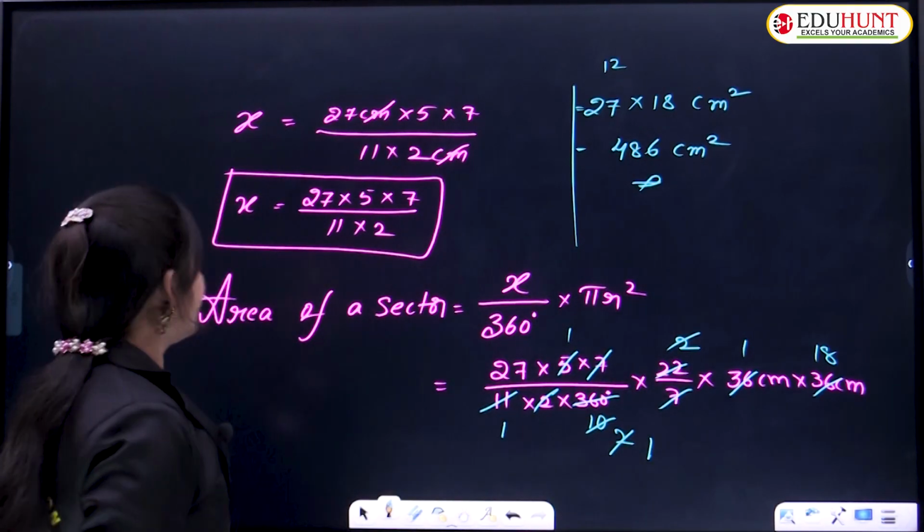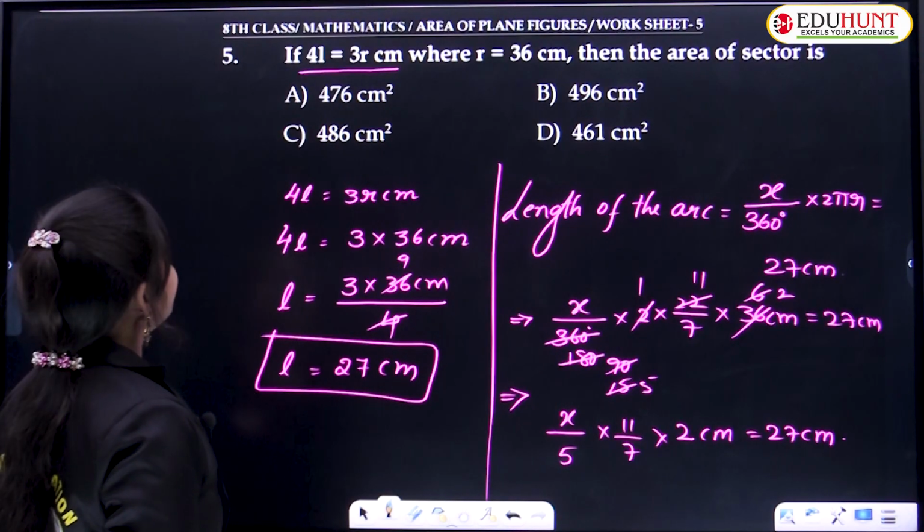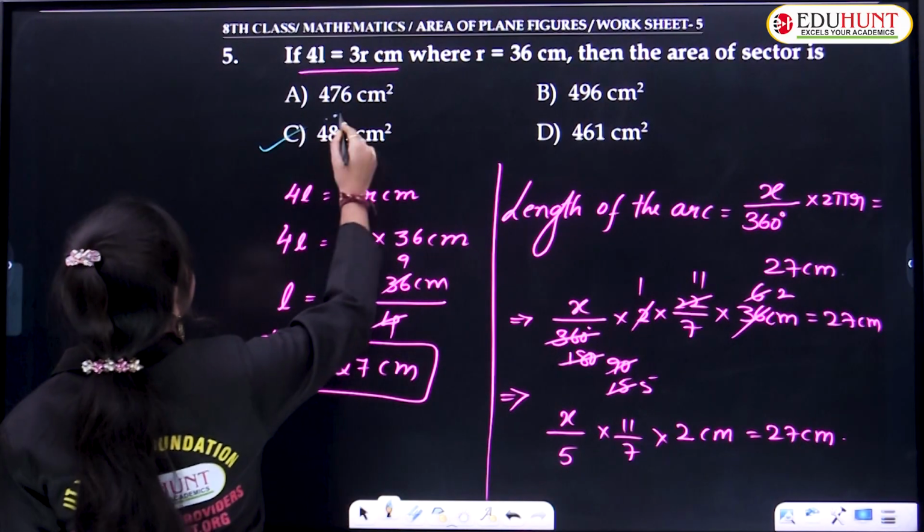Finally, this is the area of a sector, 486 centimeter square.